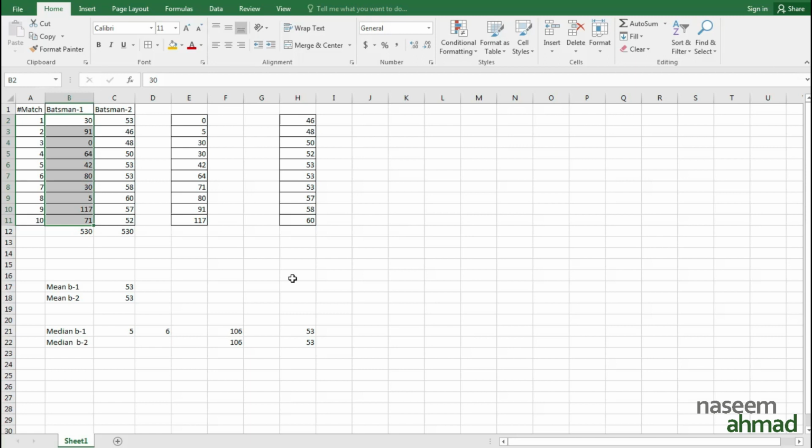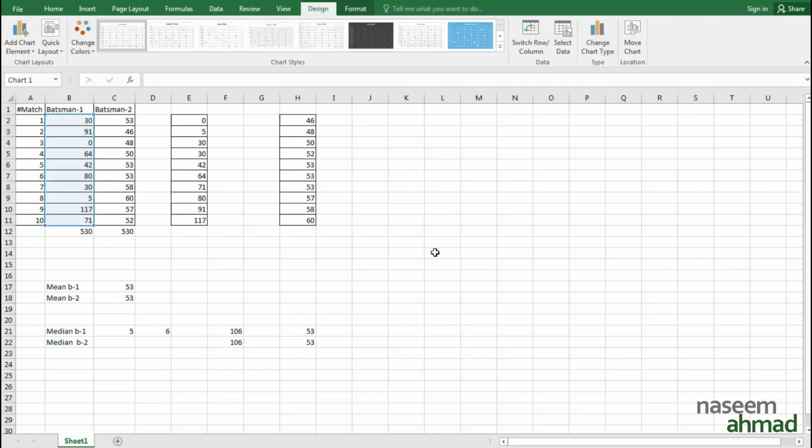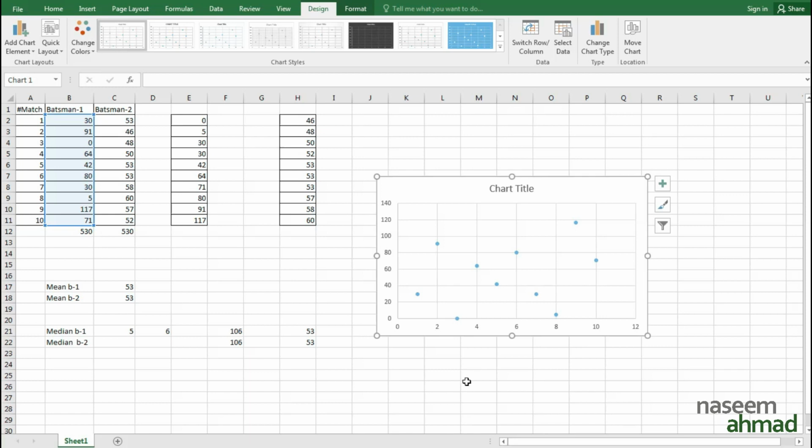So this is why we will create some graphs where we can plot these data points and decide the behavior of these data points inside the data sets, right? We have batsman 1, okay, insert and create a scatter chart, we have this chart, right?